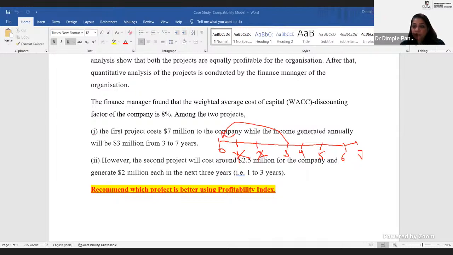Vinay, 1.93 for which one? The first one, no. You're having the cash flows in the third year, fourth year, fifth year, sixth year, and 7th year. That's it. Vinay, check. 1.47 is absolutely right. Vinay, should I solve?